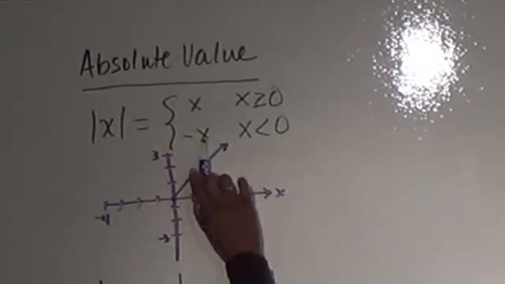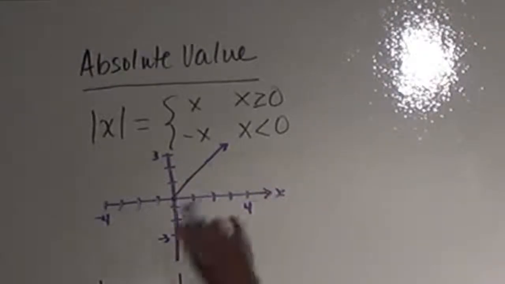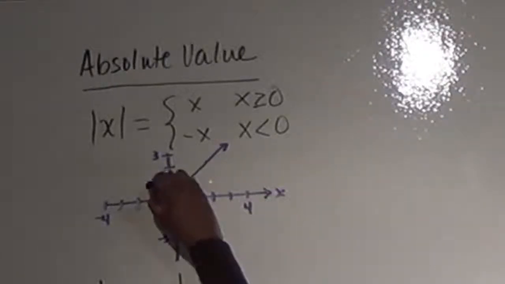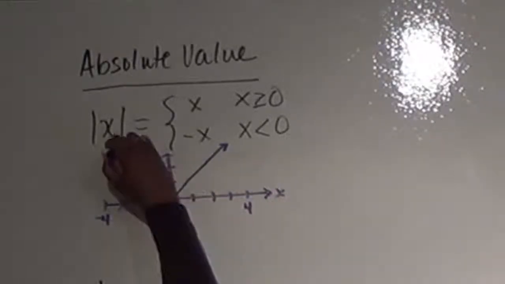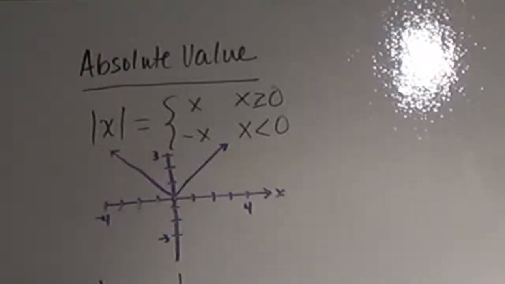And if I look at the opposite of that value, when it's less than 0, then there's a picture of what our graph is going to look like for the absolute value. It's two pieces, but again, they combine together.